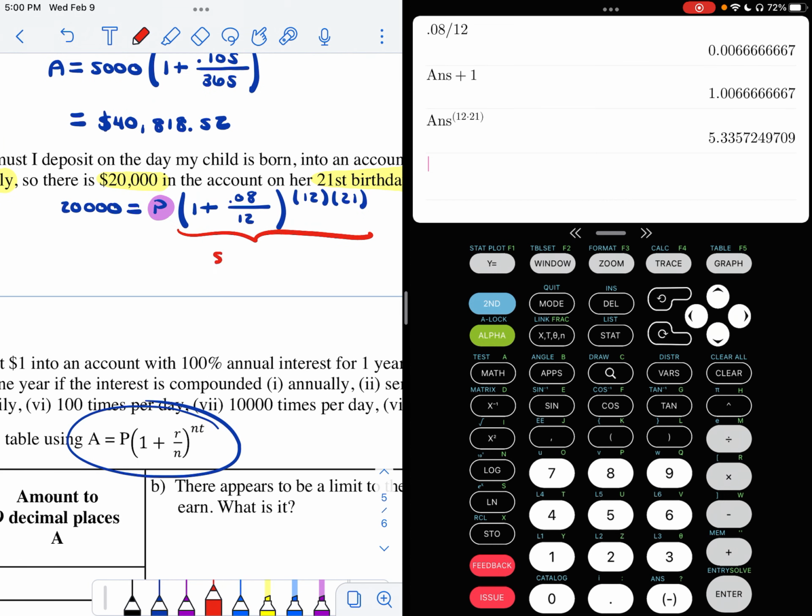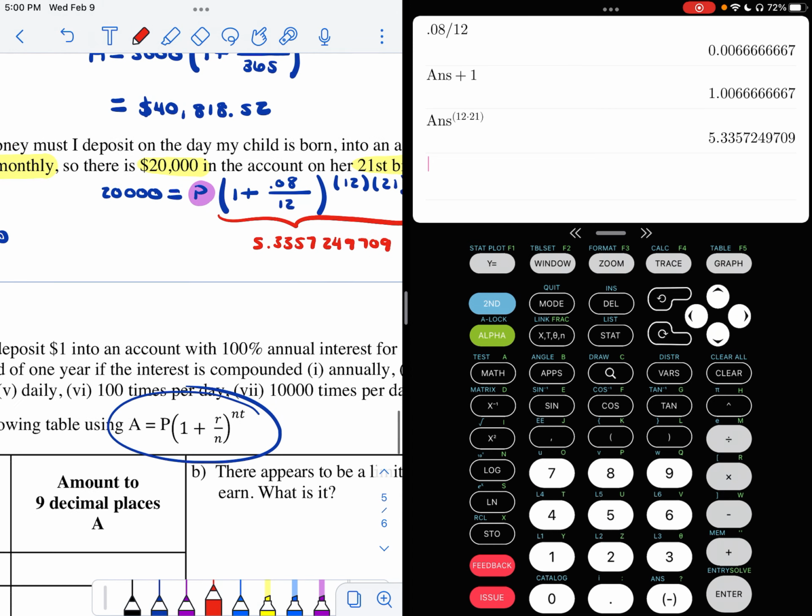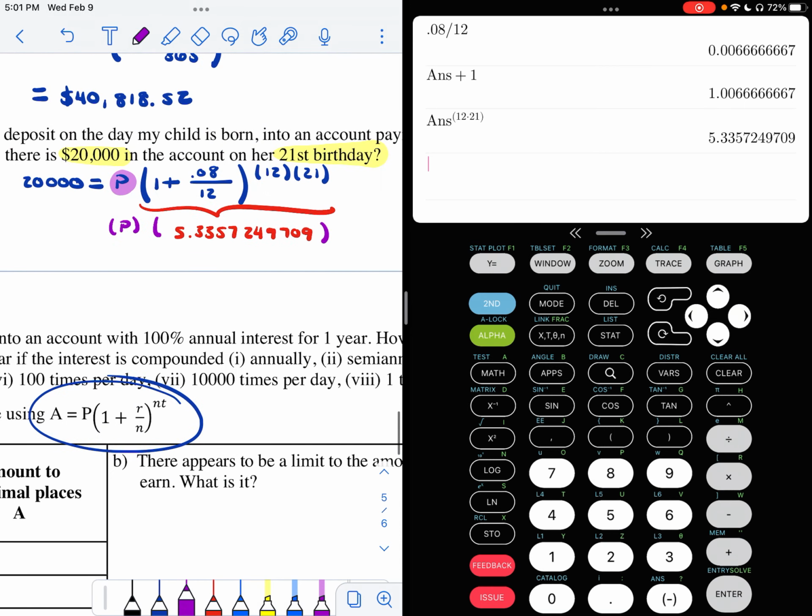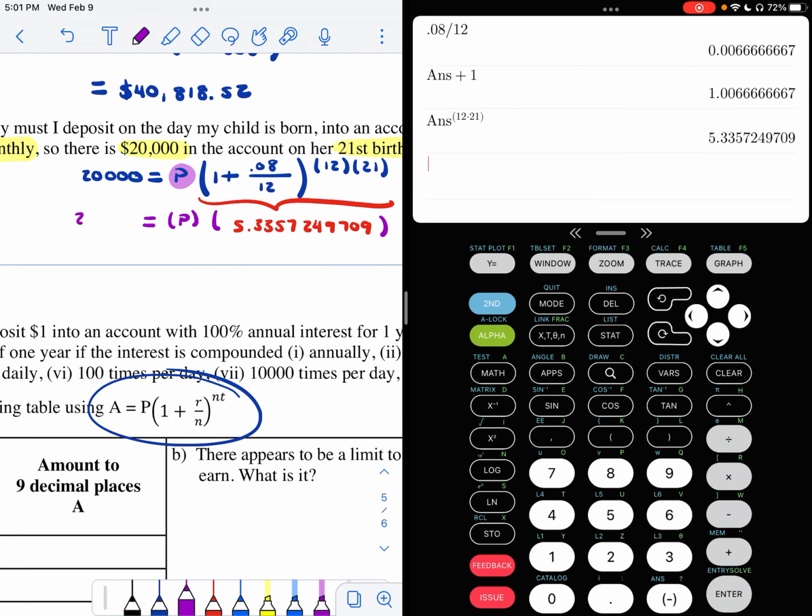Okay, so that's giving me this number right here. Okay, so that is 5.3357249709, times P is equal to $20,000. So if we want to get the P by itself, then we just need to divide by that 5.3357249709 number on both sides of this equation.